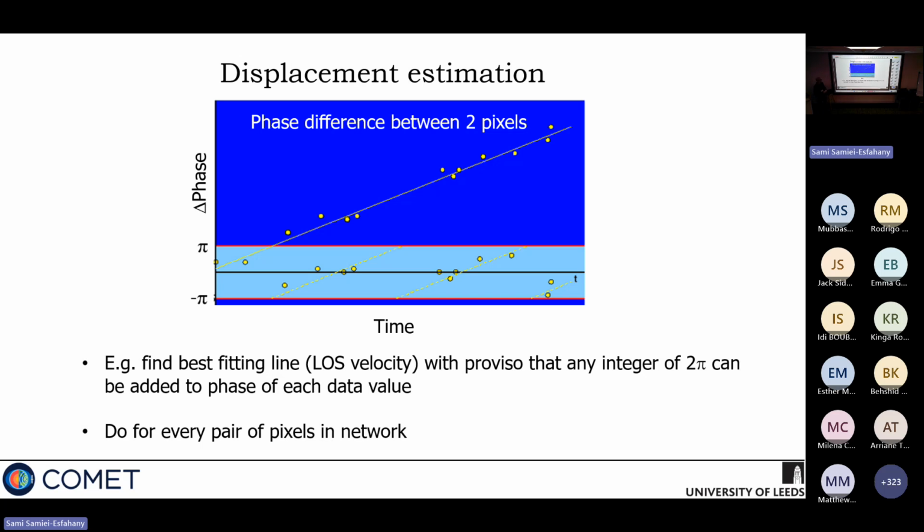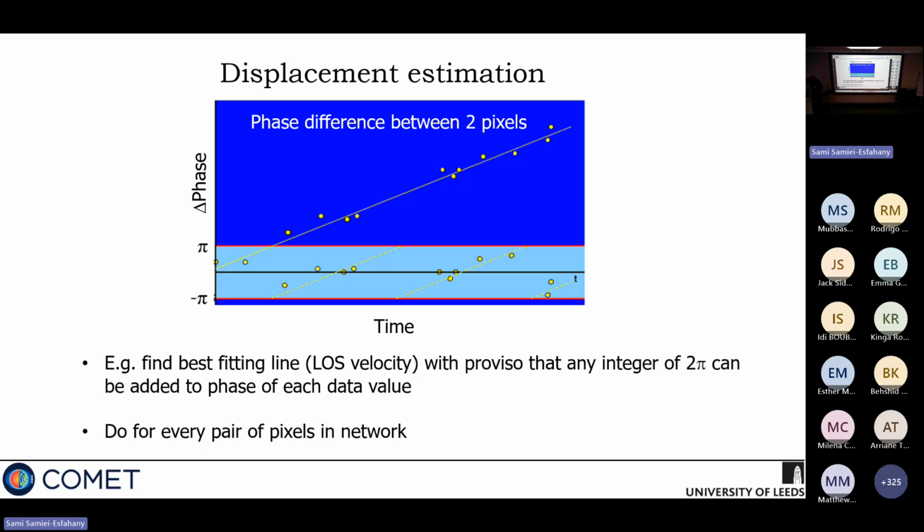There are different ways of doing it, but essentially you allow for adding an integer number of 2 pi to every value, and then find the best straight line that minimizes the residuals overall. That's the idea. It looks like a nice fit once you've done this unwrapping, which is to add 2 pi or 4 pi. But if you look at it back in the wrapped domain, it jumps down every time we get to here, and then goes up again.